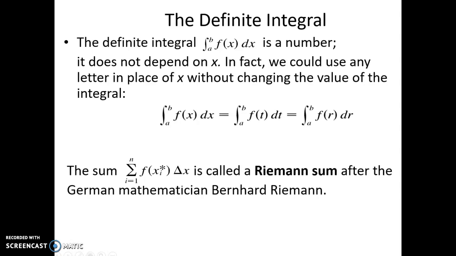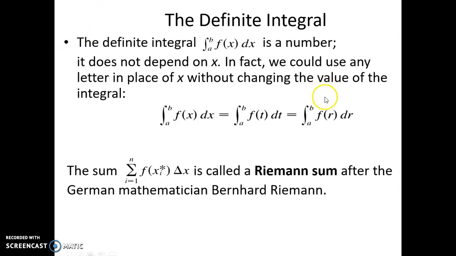So the definite integral from a to b of f of x dx is going to be a number. And it doesn't depend on x. Matter of fact, we can use any variable we want to, as long as the function is the same. It doesn't matter what the variable is. We could say, let's find the definite integral from a to b of f of x dx, or let's find the integral from a to b of f of t dt, or let's find the integral from a to b of f of r dr. It doesn't matter what variable we use.